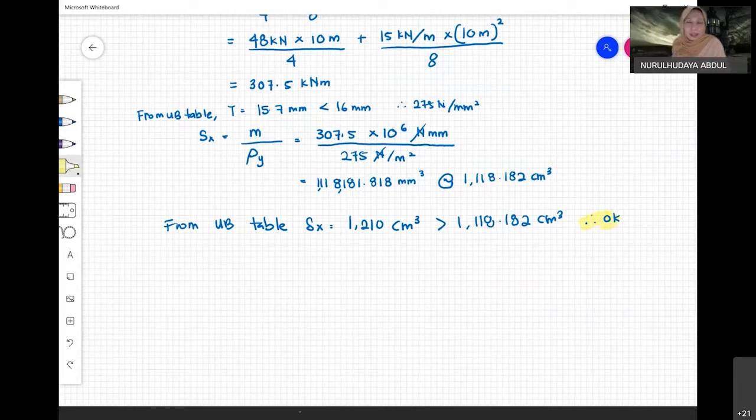And another thing, kalau if let's say you yang provide section, maksudnya macam example number 1, you sendiri yang suggest the section. If let's say the suggested section tak okay, you kena buat sampai okay. Maksud saya, suggestlah section lain.